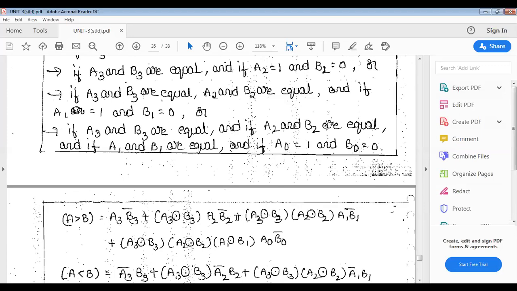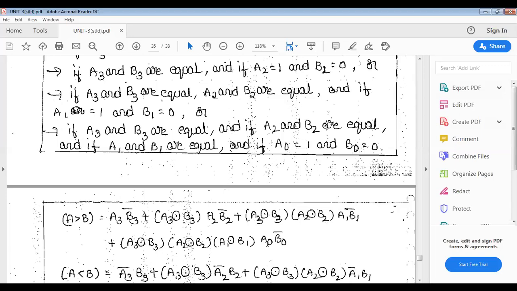If A2, B2 is also equal, then you go for comparing A1, B1. So the third term is A3, B3 equal, A2, B2 equal, and A1 B1 bar. And if A1, B1 is also equal, then you go for the last bit, the LSB, comparing A0 and B0 bar.